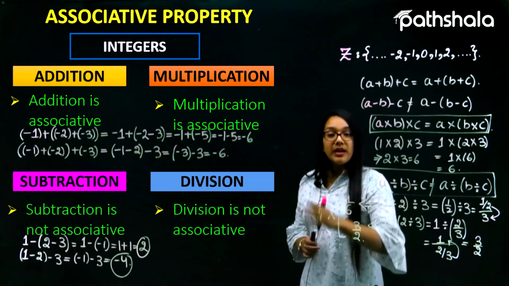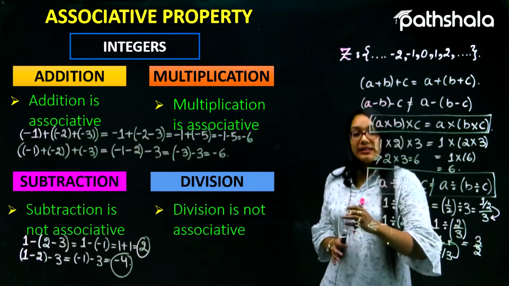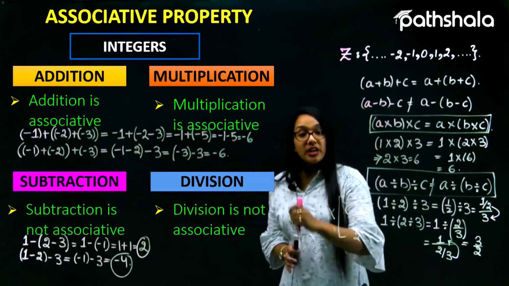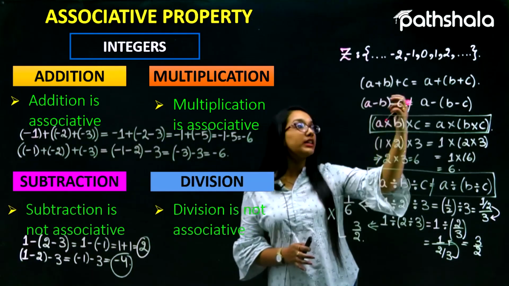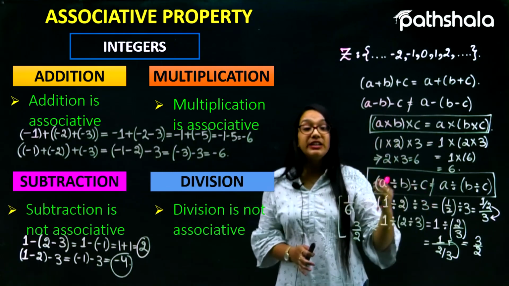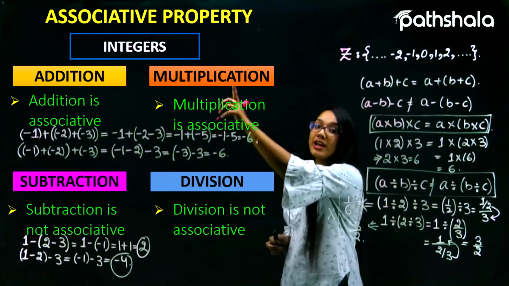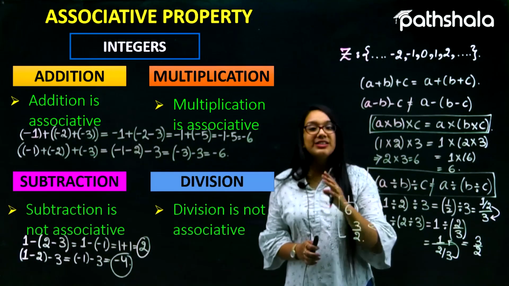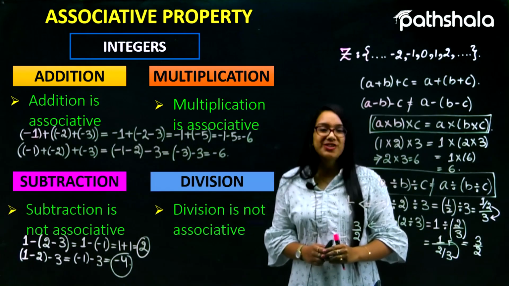So I hope this clears to you that the associative property only holds if all these four conditions hold for any three integers, if we are talking about integers. So let's just move on further towards the rational numbers.